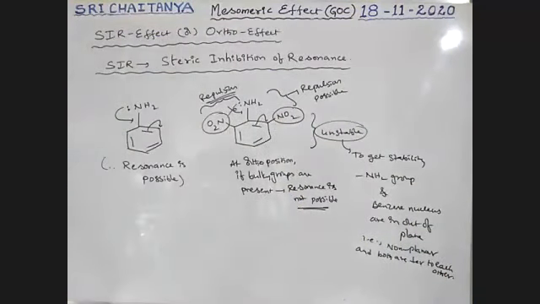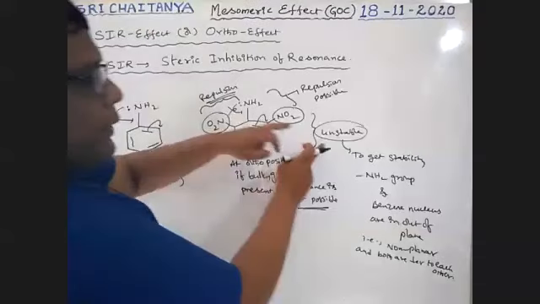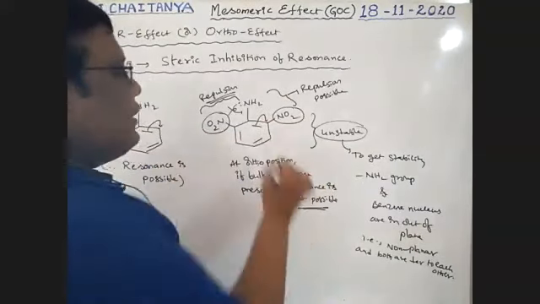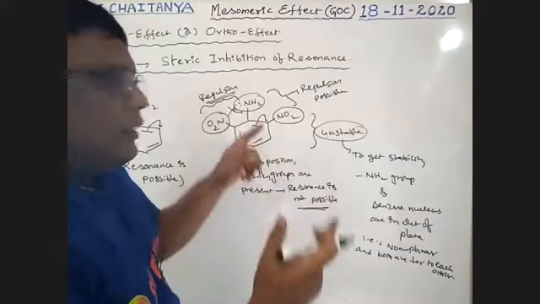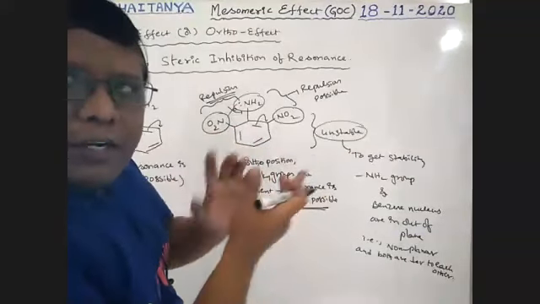Because it is unstable, to get stability, the NH2 group and the benzene ring go out of plane. This plane and this plane are perpendicular to each other.